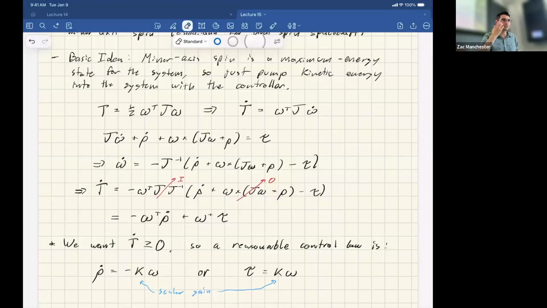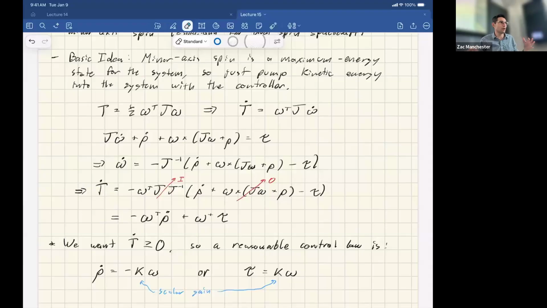Usually with Lyapunov stuff, you try to design a Lyapunov function that's zero at the point you want to get to, and then you minimize it and drive it down. If I stick a minus sign on this, it doesn't obey the sign conventions, and it's more intuitive in physics-based terms, but this is a Lyapunov stability proof that this controller is stabilizing and that it will drive us to the desired equilibrium point.